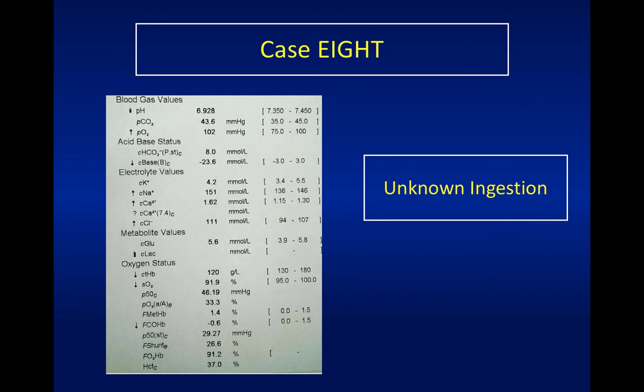So we've got a high anion gap metabolic acidosis. Normally you should have respiratory compensation, so something is stopping that. The CO2 is only 43.6. The most likely scenario is that the patient's been intubated and the person who intubated them hasn't set the ventilator appropriately to blow off the CO2. Before the patient got intubated, they were probably hyperventilating and had a very low CO2, maybe somewhere between 10 and 20, I'm guessing.